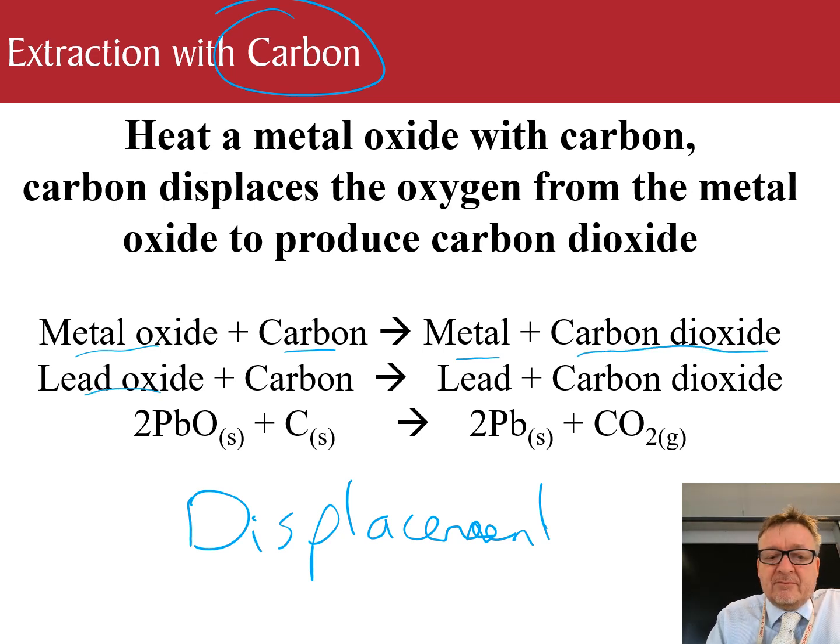Lead oxide is a metal and an oxide; heat it with carbon and I make lead and carbon dioxide. In symbol form, I've got lead oxide, react it with carbon. Because carbon is further up the reactivity series, it displaces the lead, so lead is on its own, and I make carbon dioxide.